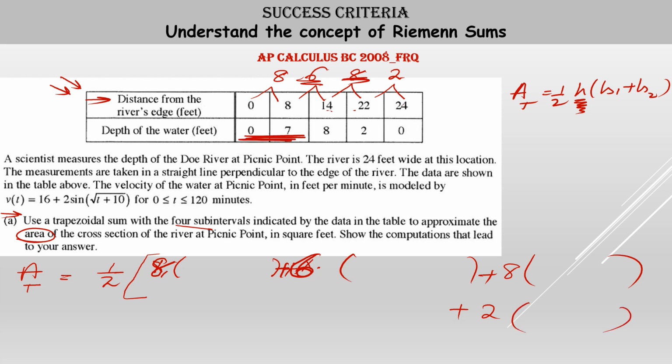For b1 and b2, we take the first 2 points. Then the last point and the next point, that is 7 plus 8. Then again the last point and the next point, that is 8 plus 2. Then again the last point plus the new point, that is 2 plus 0. Calculate it and get the answer. That's all.